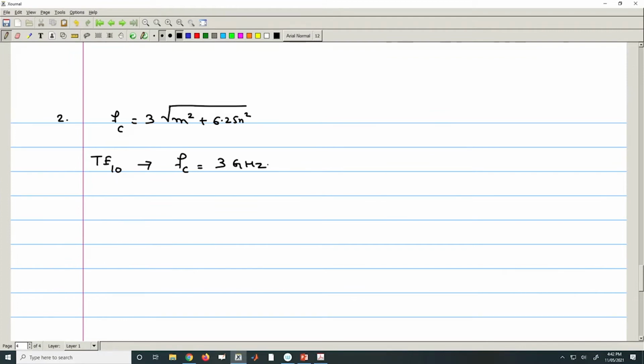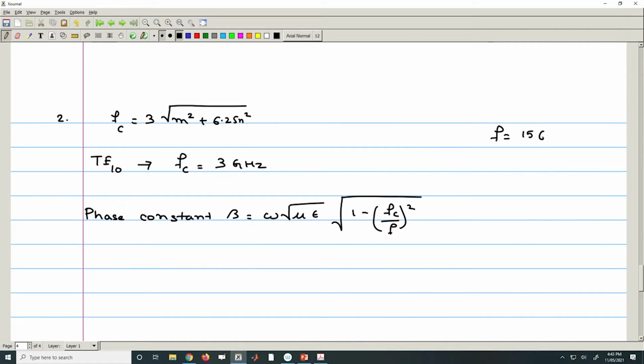Now, first we need to calculate the phase constant. Phase constant is given by omega square root of mu epsilon times 1 minus Fc upon f square. So, substituting the values, the operating frequency is 15 gigahertz, so f is 15 gigahertz.